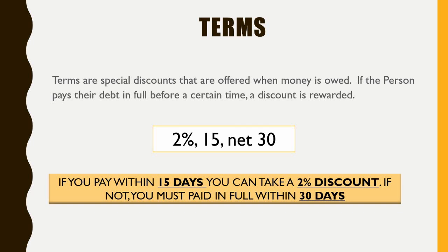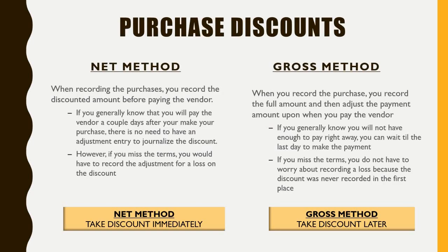There are two different types of discounts that you can apply when you're dealing with terms: you can either recognize the discount now or you can recognize the discount later.